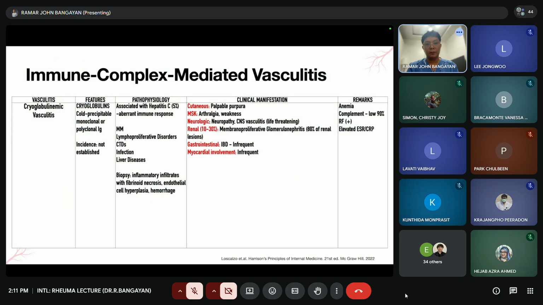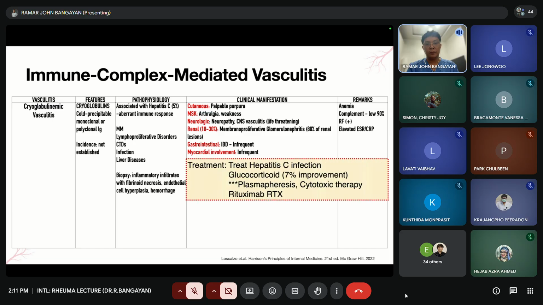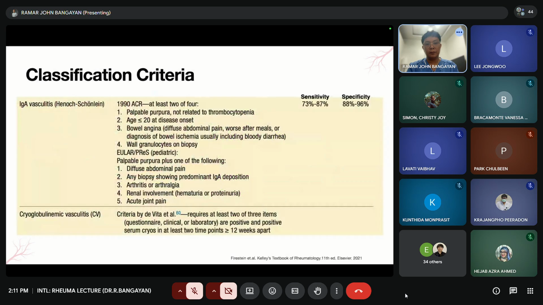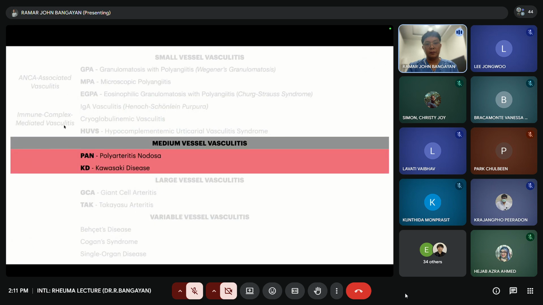Why? Because I have to skip this and let's go back later. Why? Because here, if you go back to this table, I did not discuss HUVS. It's your hypocomplementemic urticarial vasculitis syndrome.